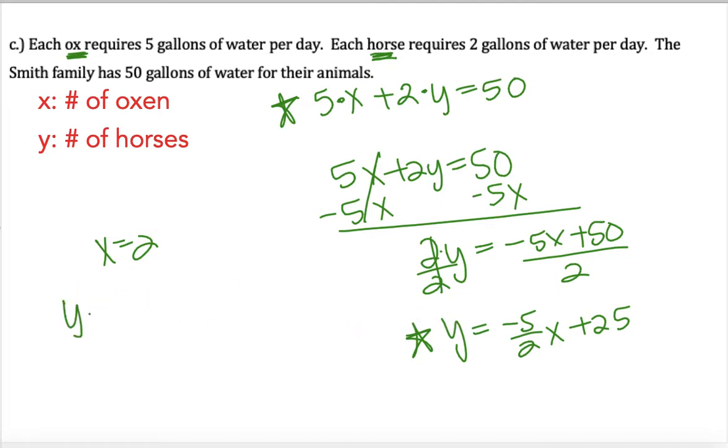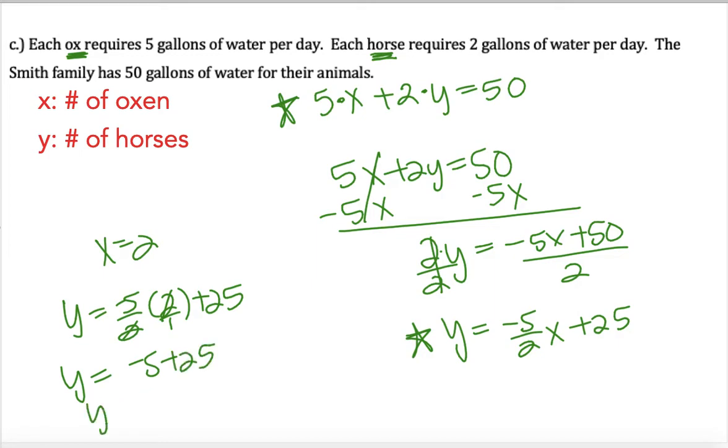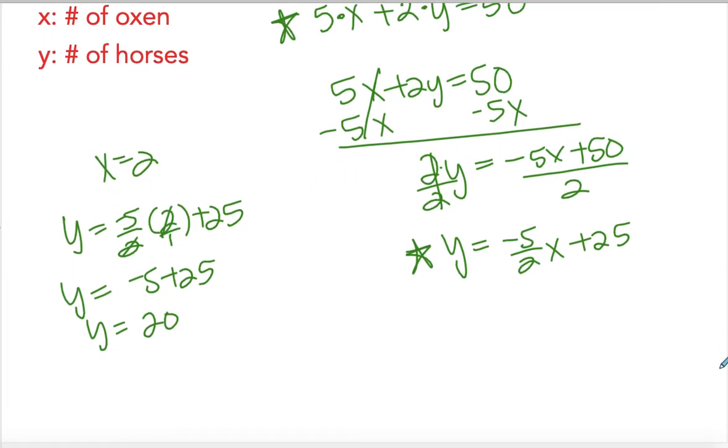So y equals negative 5 halves, plug in the 2 for the x right here, and then plus 25. So negative 5 halves times 2, this 2 is in the numerator, this 2 is in the denominator, so they cross cancel. So we have negative 5 plus 25, and that would simplify to 20. And so our ordered pair that we have here is 2, 20.